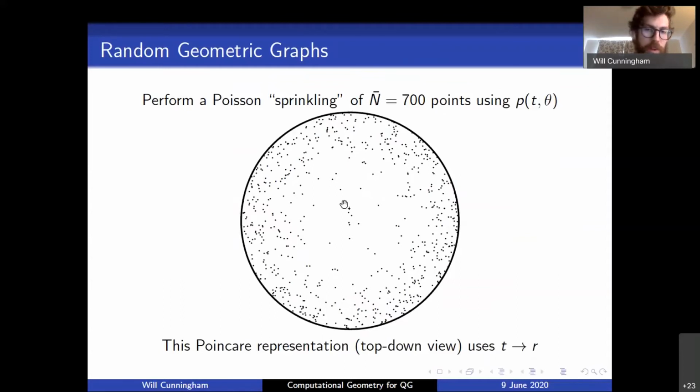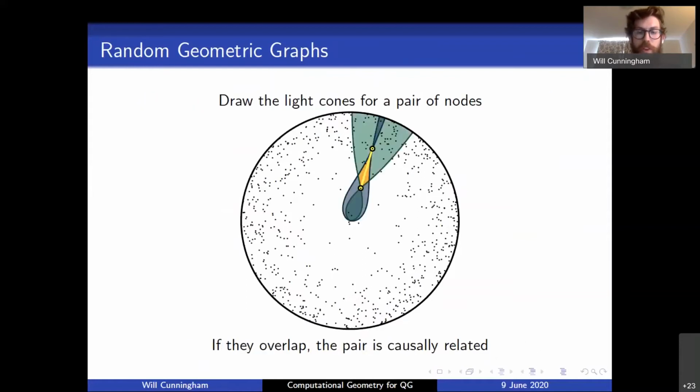You can see there's an exponential distribution in the radial direction and what looks like a uniform distribution in the angular direction. Now what we do is we draw a light cone for a pair of points. For instance, in this example, this pair does overlap, and so we see that they are causally connected.